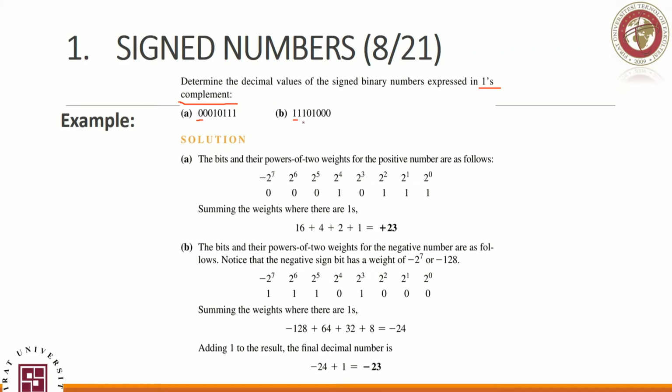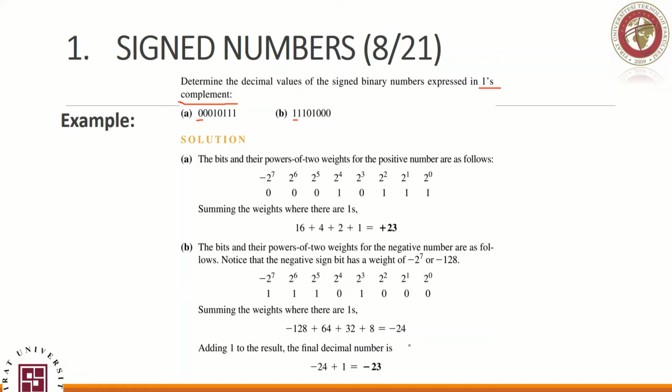Here we have 2 to 6, that is 64. 2 to 5, that's 32. This is 0. Then 2 to 3, that's 8, and the rest are zeros. So minus 128 plus 64 is minus 64, plus 32 is minus 32.